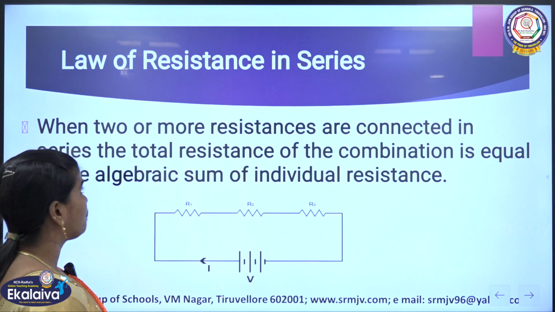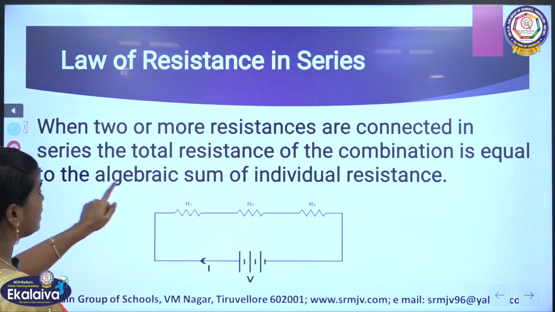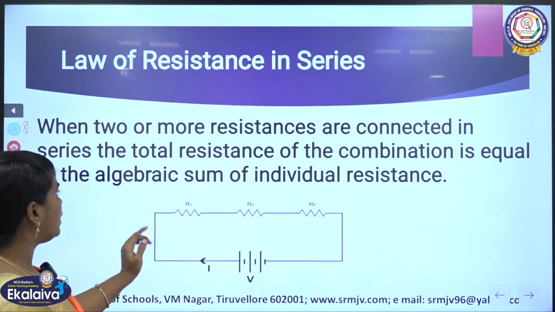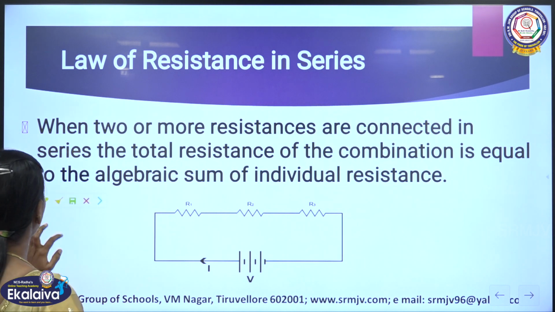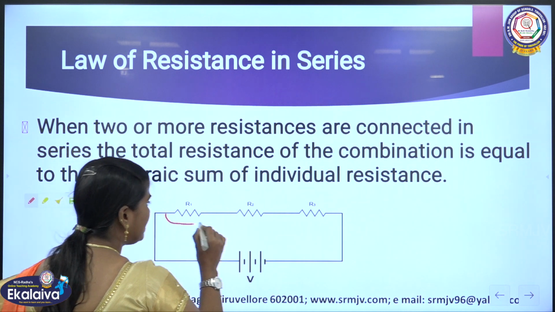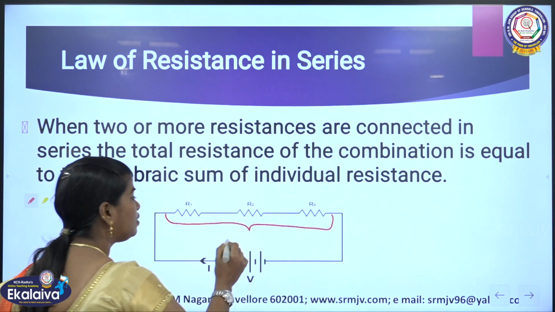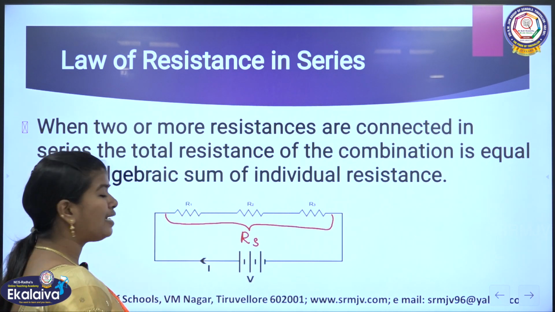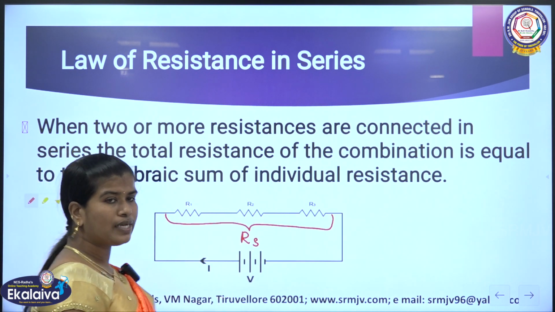The first law: when 2 or more resistors are connected in series, the total resistance of the combination is equal to the algebraic sum of the individual resistances, which means when I connect all these 3 resistors, the total resistance, where S stands for series, will be equal to the algebraic sum of the individual resistances.